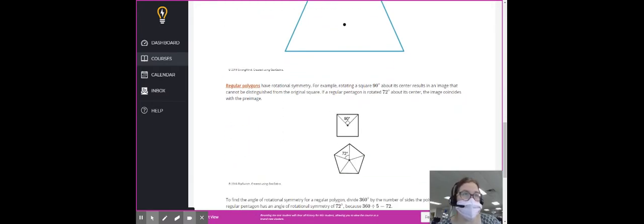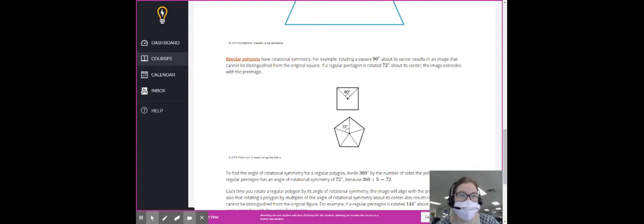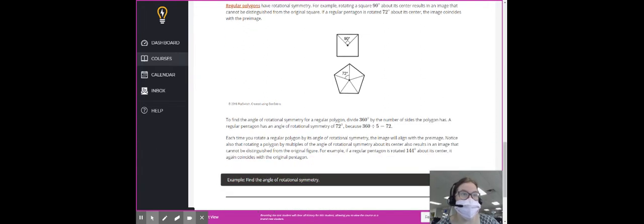For regular polygons, we take 360 divided by the number of sides. So 360 divided by 4 for a square would be 90, or 360 divided by 5 would be 72 for a pentagon. So you take 360 and divide it by the number of sides, and you'll get how many degrees it would turn.